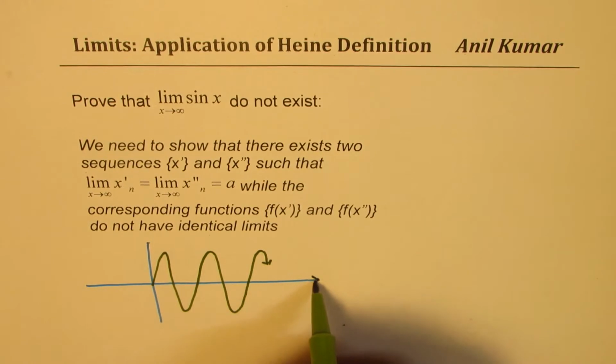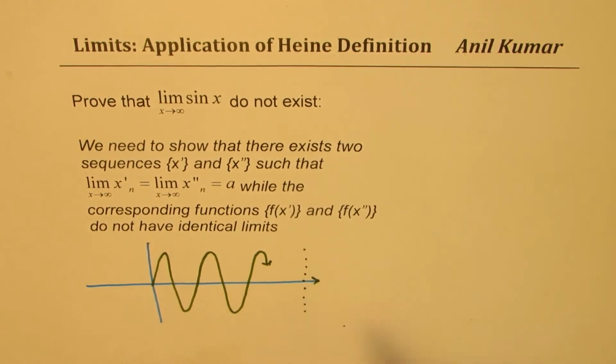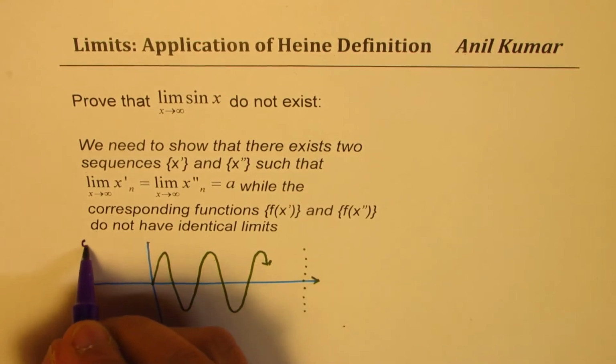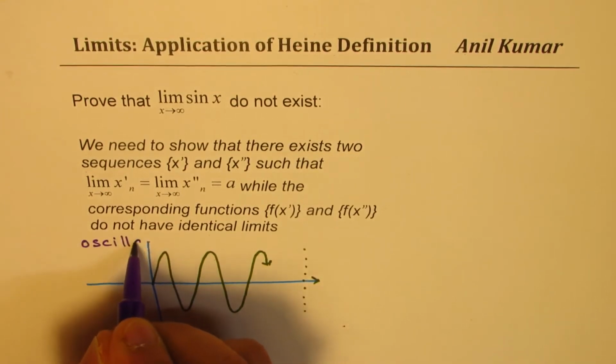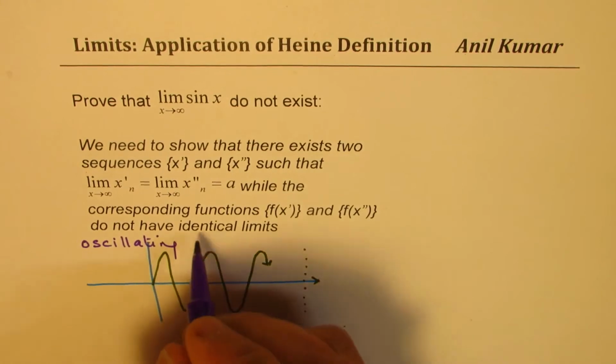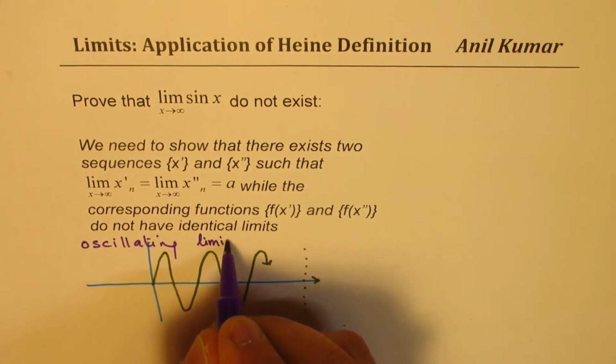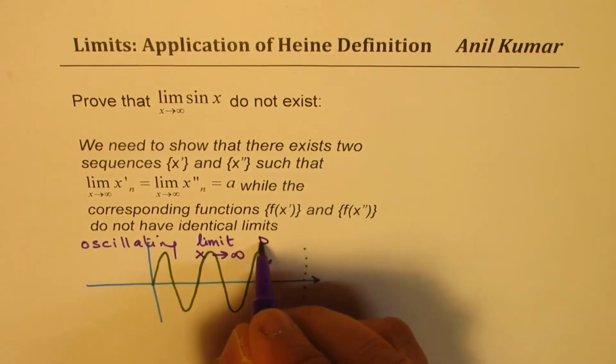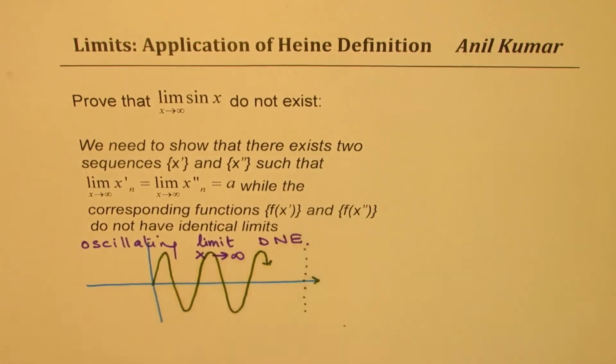So when x is approaching very large values, we don't know where it is since it is oscillating. So we provide an explanation that since this is oscillating, the limit as x approaches infinity does not exist. Correct? That has been our explanation for a long time, and normally that's what is given in most of the books.